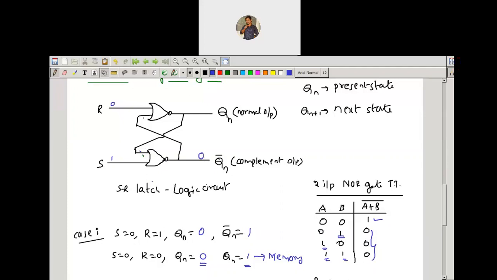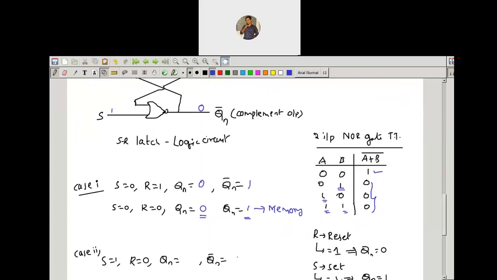Don't bother about the remaining input. When one of the inputs of a NOR gate is logic 1, I don't bother about the remaining inputs, and we're going to get the output 0. So we got Qn bar is 0.